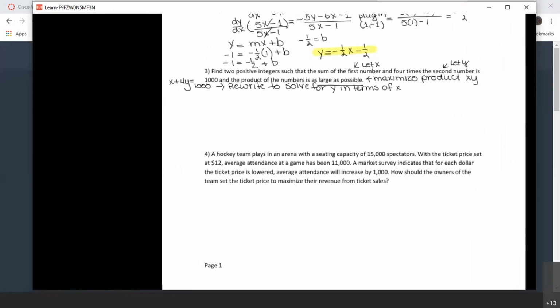Okay, so let me do that. I'm going to solve this equation for y. So that basically says subtract the x from both sides, and then divide both sides by 4.